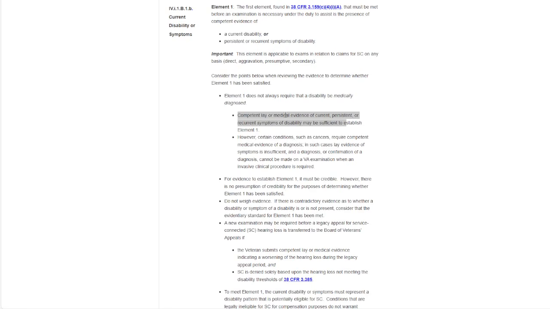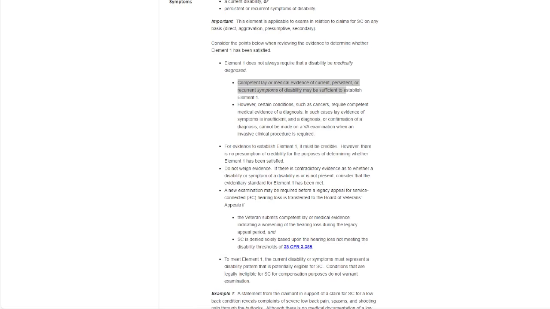So how you claim things is very, very, very important in the total spectrum of getting your condition service connected. Now, it's not a guarantee that you'll get service connected, but it will help. Now, generally, in order to additionally satisfy element one, you have to have a diagnosis, treatment, and or symptoms within the last year.